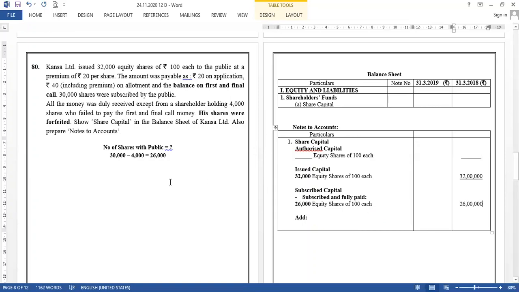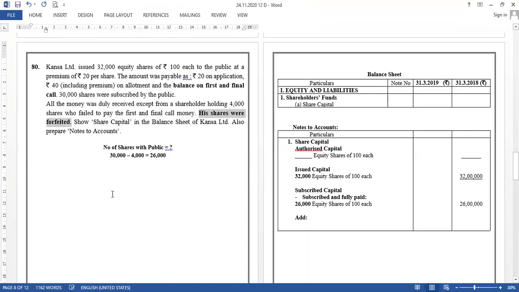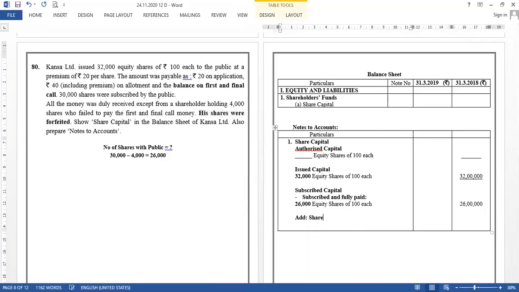What about the remaining 4,000 shares? Remaining 4,000 shares are forfeited. तो forfeit हो गया तो call arrears आएगा या नहीं आएगा? No, नहीं है. That's great. अब अगर call arrears नहीं आ रहा तो forfeiture आना चाहिए. तो add करेंगे share forfeited account.